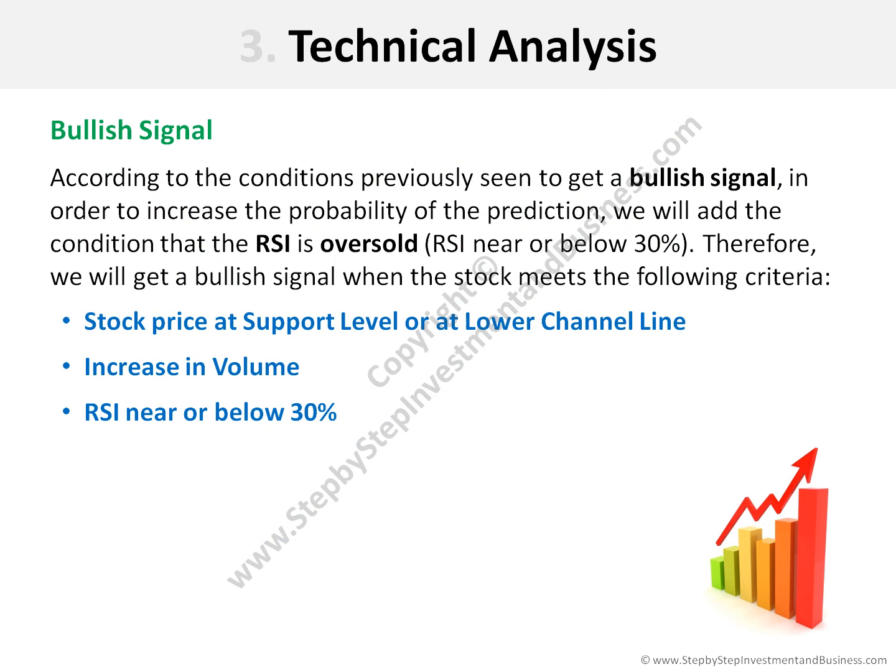Therefore, we will get a bullish signal when the stock meets the following criteria: stock price at support level or at lower channel line, increase in volume, and RSI near or below 30%. The first two were the ones we had previously seen, and now we added the condition that the RSI is near or below 30%.